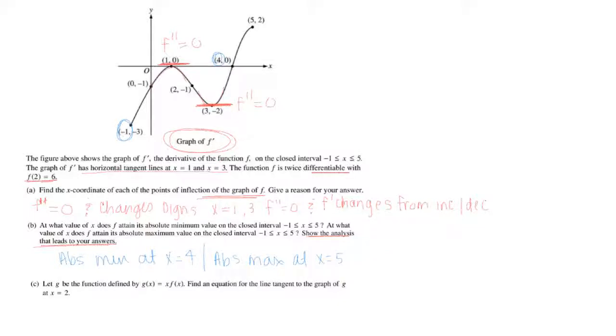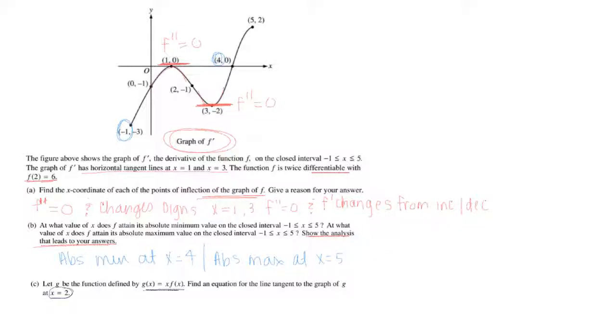All right, moving on to the last problem we had. Let g be the function, and it looks like this. Find the equation of the line tangent to the graph of g at x equals 2. Well, all right, so let's see, at x equals 2.